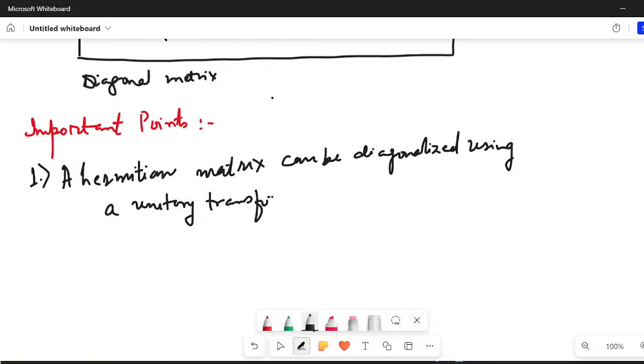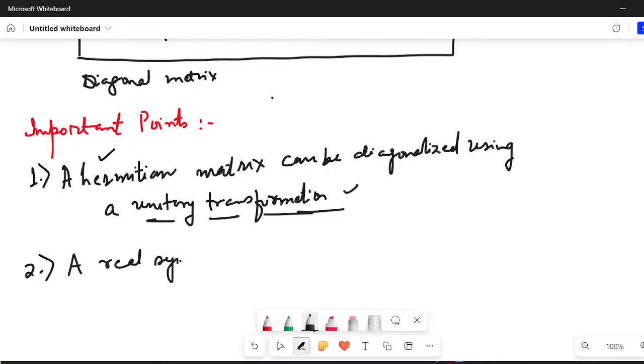Always remember. I'm not writing the proof for it because it would be a very rigorous kind of proof, but overall understand that for a Hermitian matrix, you would need a unitary matrix in order to diagonalize it. So this is something that is very important. Similar to Hermitian, we have the real counterpart, a real symmetric matrix.